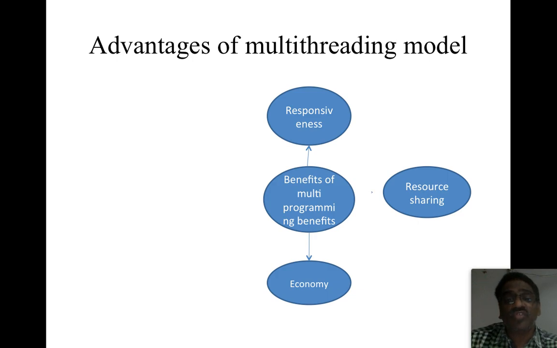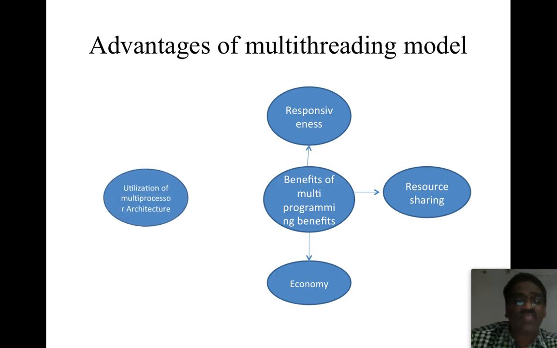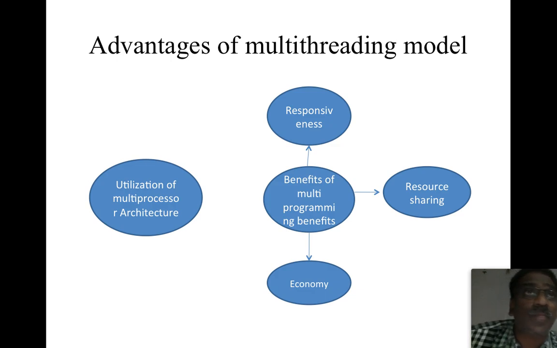Next is resource sharing. In multi-threading, resource sharing is common. Whenever resource sharing is there, your task will be completed very easily. And the next one is utilization of multiprocessor architecture. Multiprocessor architecture, multi-threaded architecture, network architecture, or time-sharing systems are all common things. This supports multiprocessor architecture.